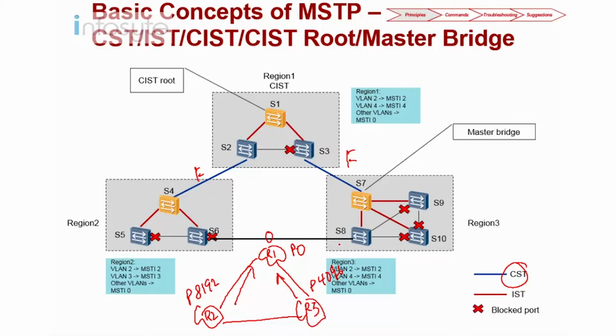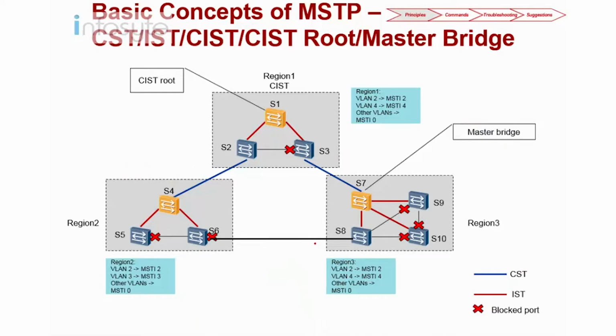You also notice that between switch 6 and switch 8, on this part here, I am forwarding and this is blocking, because the priority here is higher than the priority on region 2. So here we are in blocking state. The one connecting to the root, here, which is S7, is my master bridge, and here also will become my master bridge. There you have it, all the terms related to MSTP.